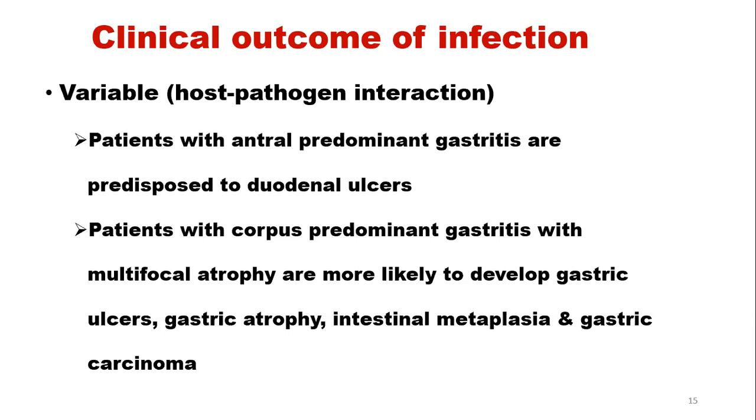You can have patients with corpus predominant gastritis with multifocal atrophy. And these are the patients that are more likely to develop gastric ulcers, gastric atrophy, intestinal metaplasia, and eventually carcinoma. So the interplay, you don't know where this organism will decide to reside or colonize once the stomach is infected.